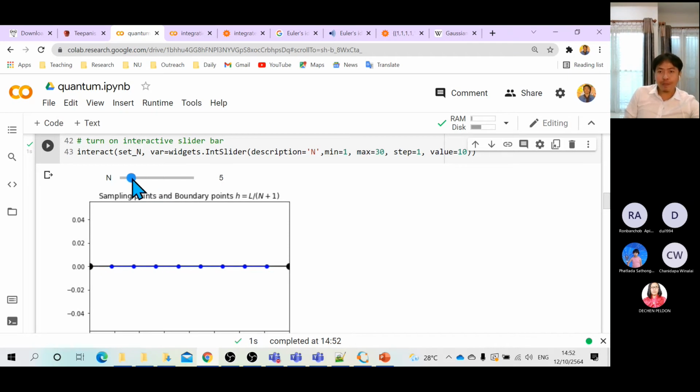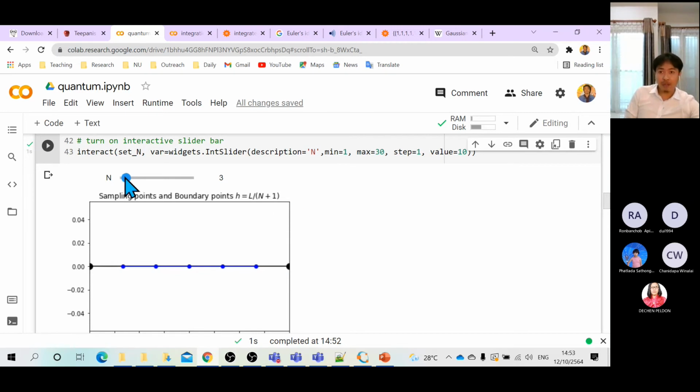Let's say I want only 5 points. So we have 5 blue unknowns, 1, 2, 3, 4, 5. From that, you can see that h will be L, the whole length of the distance, divided by how many intervals? 1, 2, 3, 4, 5, 6. That's for the h: L divided by n plus 1.